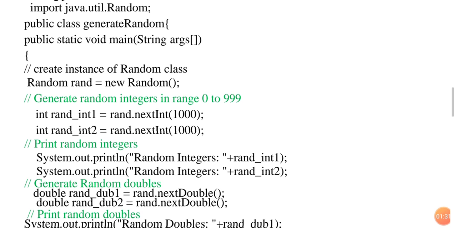Through that we can invoke the predefined methods of any data type, integer, float, double, or long, to generate random numbers.